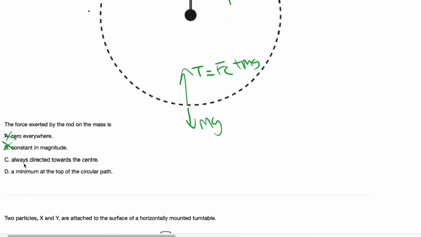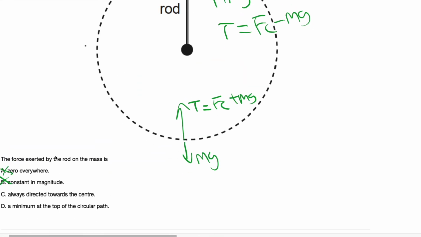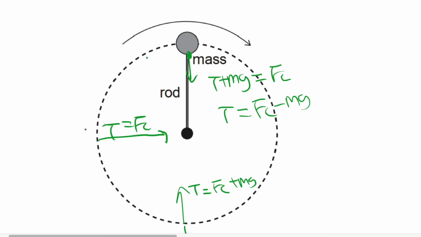Your tension is always directed towards the center, and D says it has a minimum at the top of the circular track. So this is correct, because at this point your tension is going to be equal to your centripetal force minus gravity, so tension has a minimum value at the top.